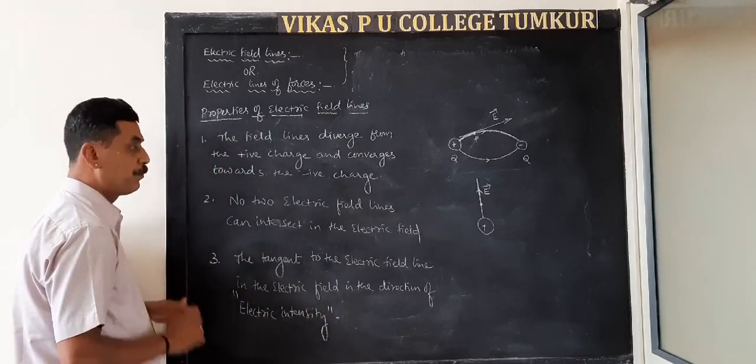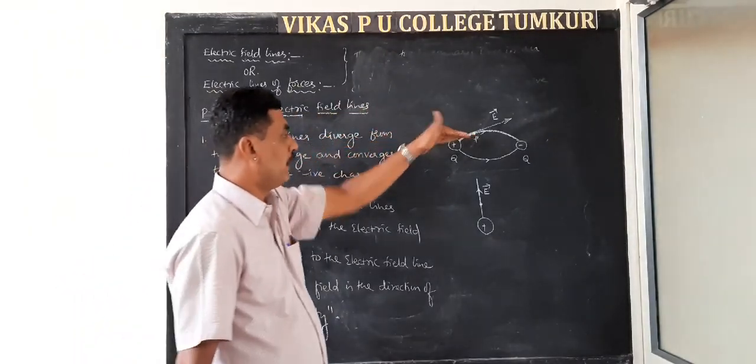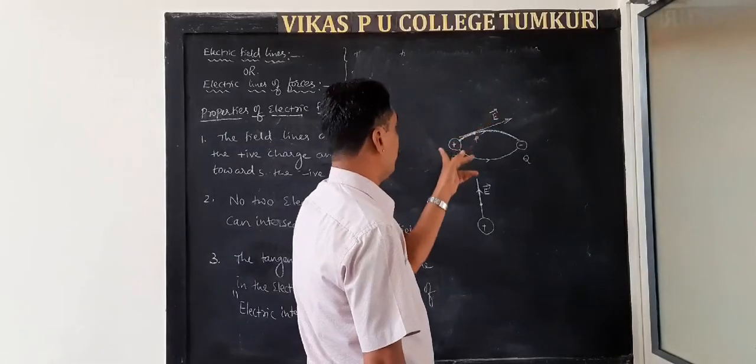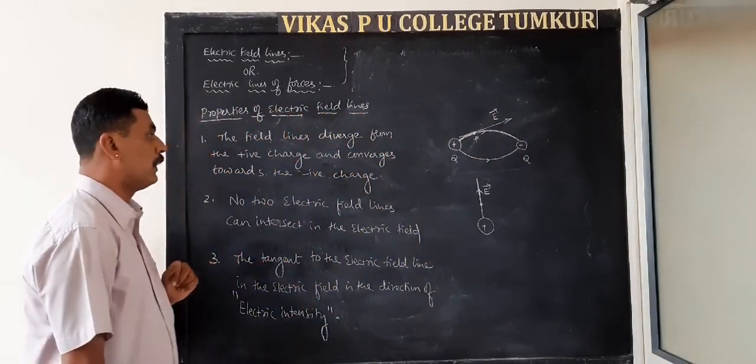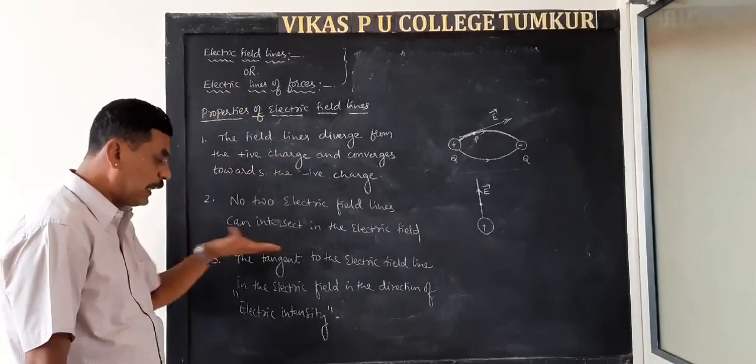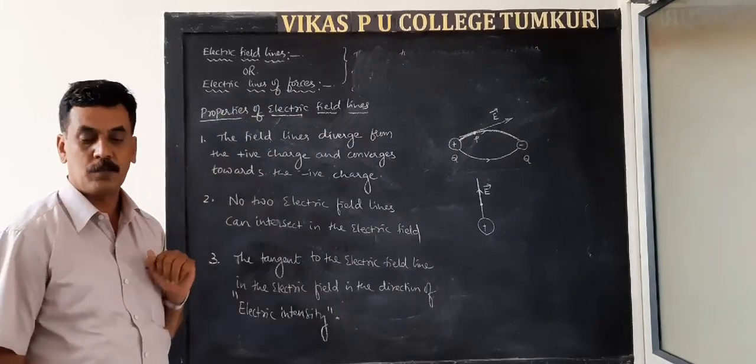So this is it. So on the point ಅಲ್ಲಿ ನೀವು tangent to the field line ಹಾಕಿದ್ರೆ that will give you the direction of electric intensity. So the third important property.